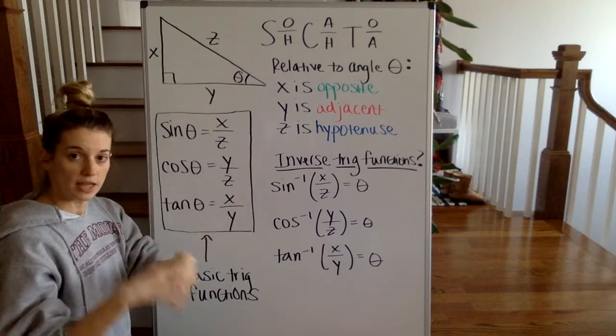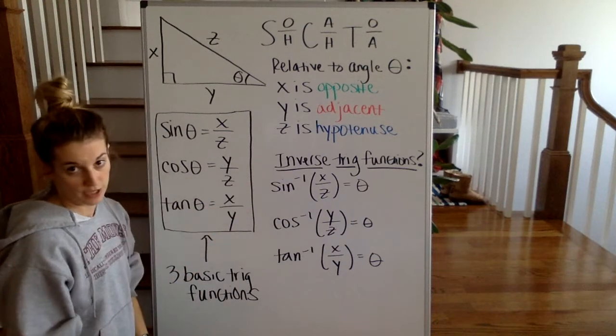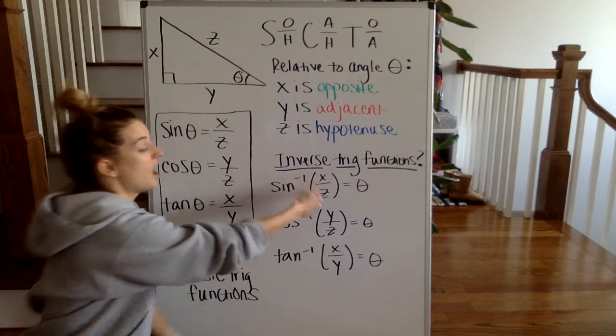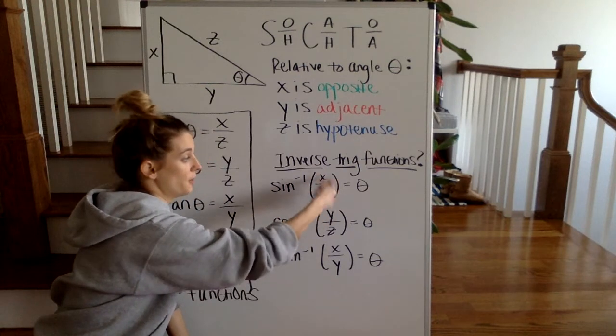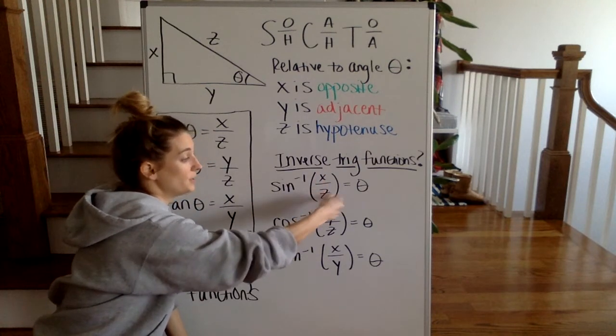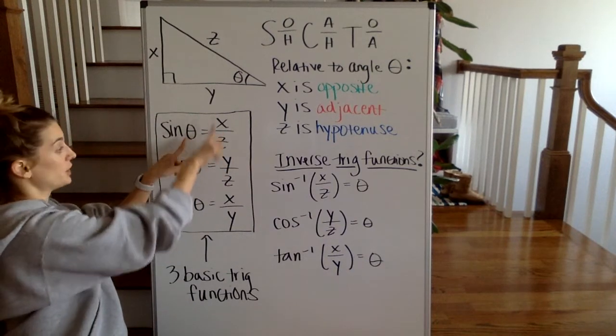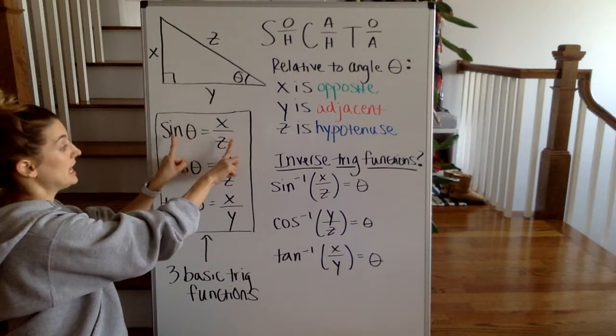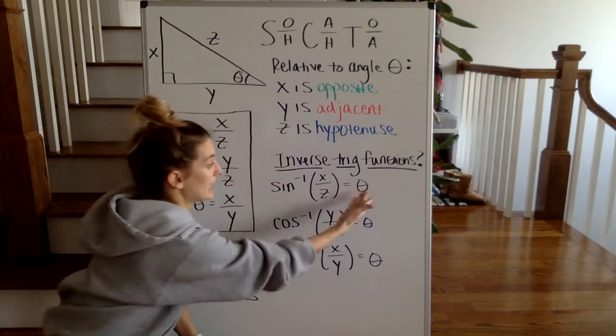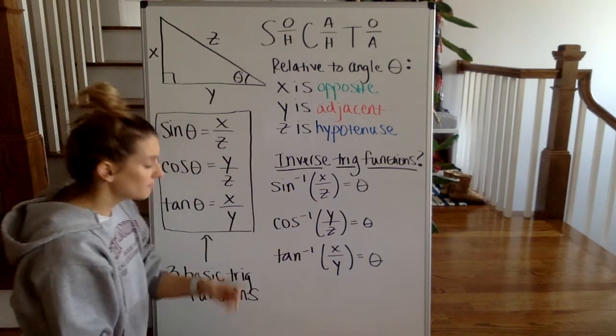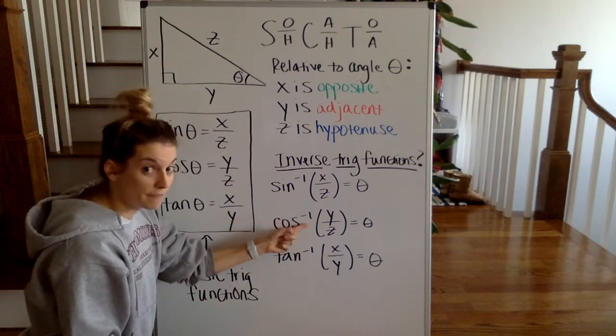That is notation that represents sine inverse. So sine inverse of the trig ratio, opposite over hypotenuse, equals theta. Notice what's happened. The theta, the angle measure, and the ratio, x over z, they switch places, and that gives you inverse sine.